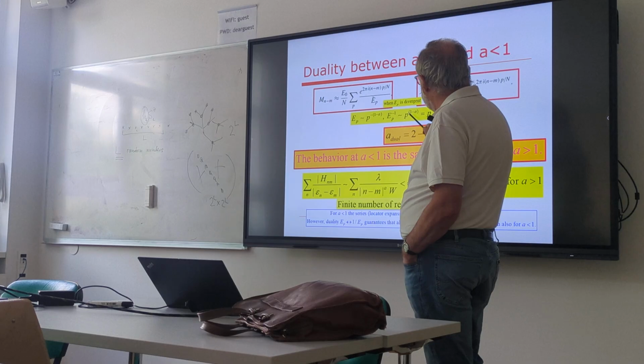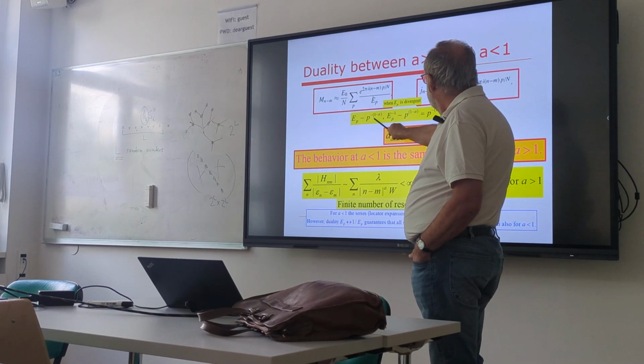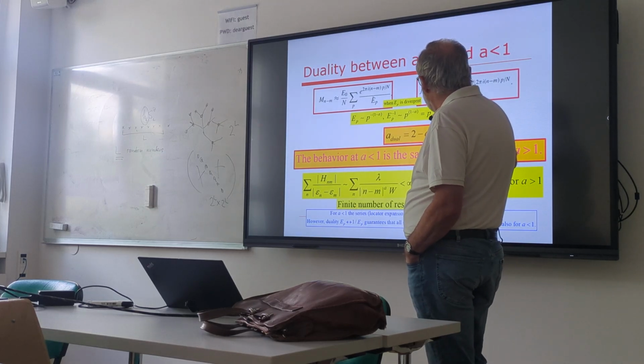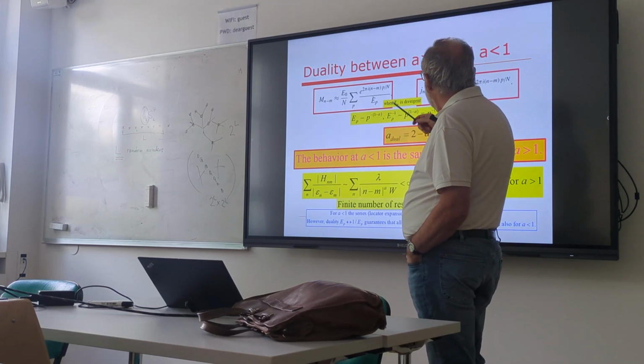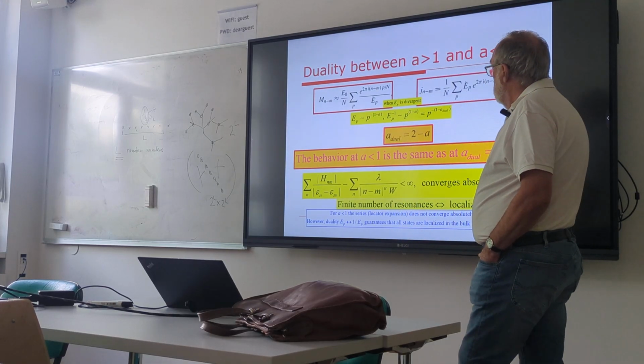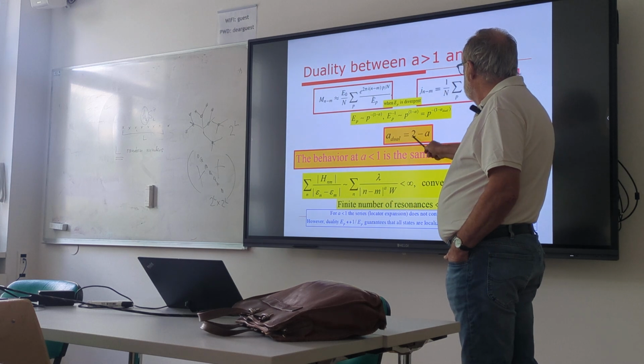Let me represent this in the same form as this, introducing some different A. It's very simple. If you compare this and that, you find that this dual A is 2 minus A.